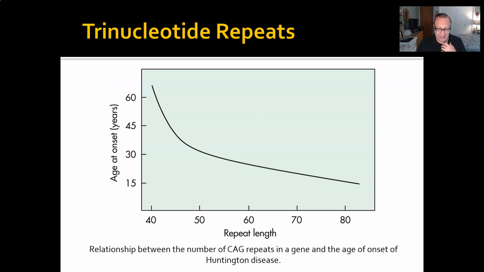And in addition to that, there's a relationship between the age of onset as well as severity of the disease and the repeat length. Here you can see on the left-hand side we have age of onset of the disease, and along the bottom we have the number of repeats. And you can see for 40 repeats, you're over 60 before it kicks in, whereas at 80 repeats, you may not get out of your teenage years.